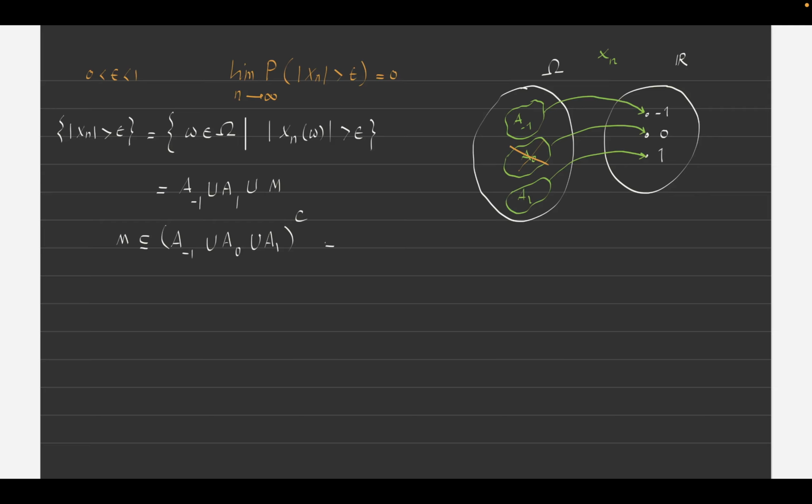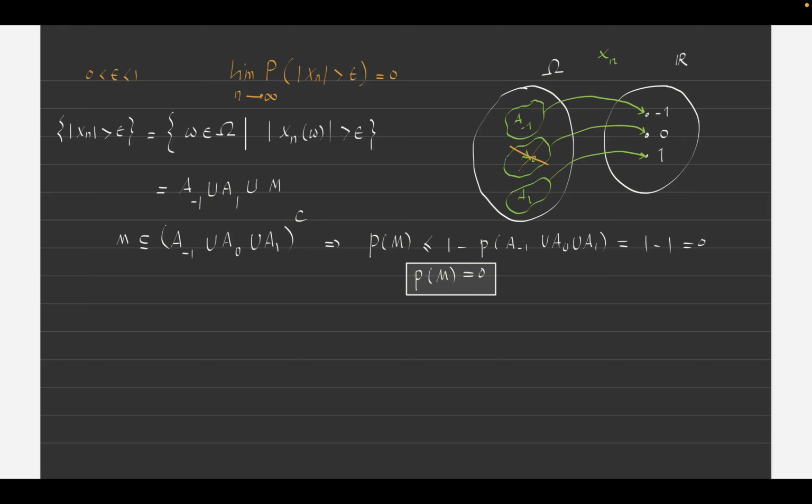So one thing becomes clear immediately, that the probability of M is always less than or equal to the probability of the complement, which is 1 minus the probability of A minus 1 union A0 union A1. But we calculated that before, which is 1, so 1 minus 1 becomes 0. So this means that the probability of M is less than or equal to 0, so it has to be equal to 0. So that is the important point.